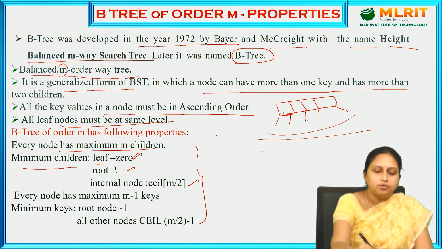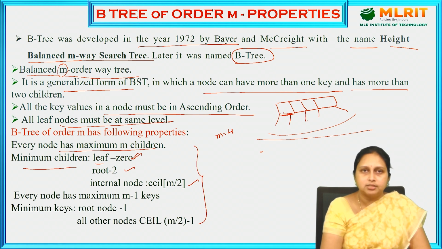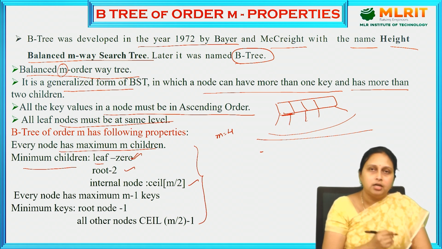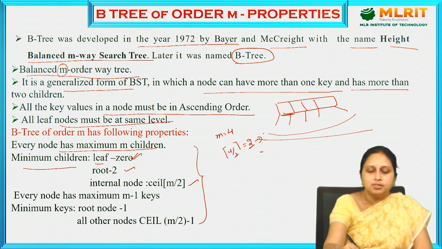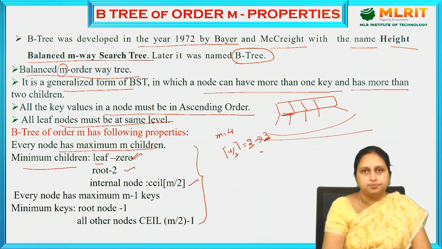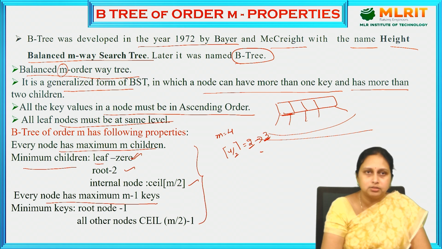Suppose I am going to have M equal to 4, right? Every node has, consider, 4 children. Internal nodes can have ceil of M by 2. Ceil means we are going to take the highest value: 4 by 2 is nothing but 2. Ceil of the highest value we are going to take, right? And every node has a maximum of M minus 1 keys.